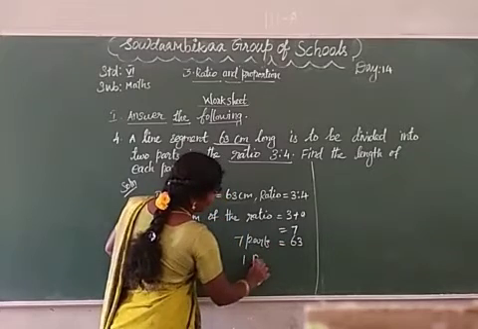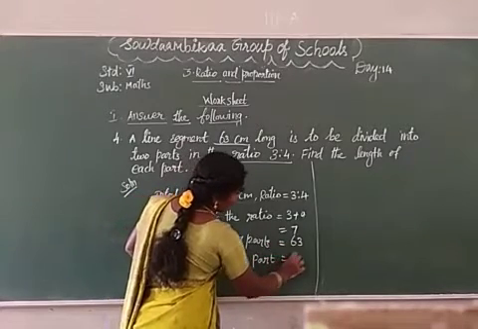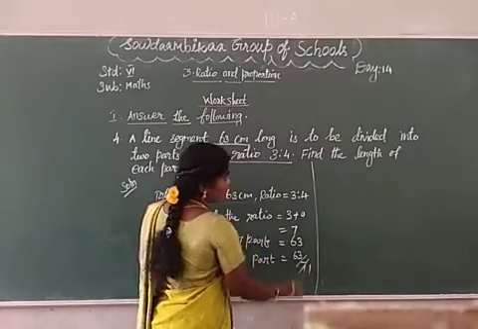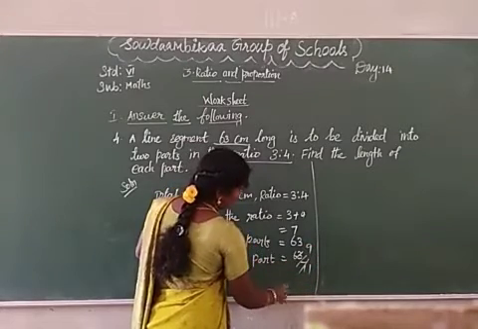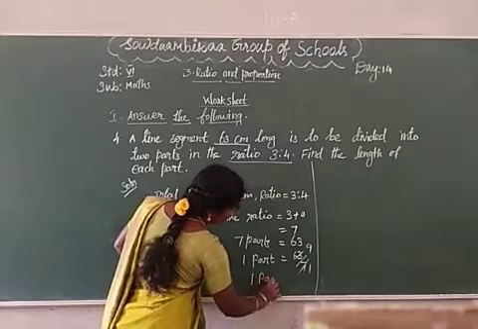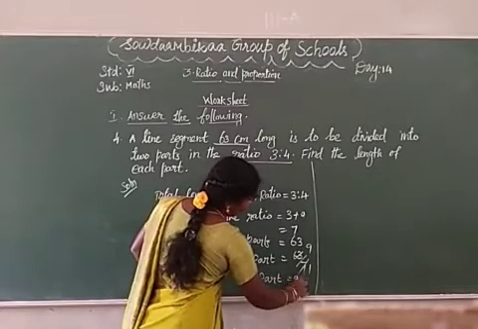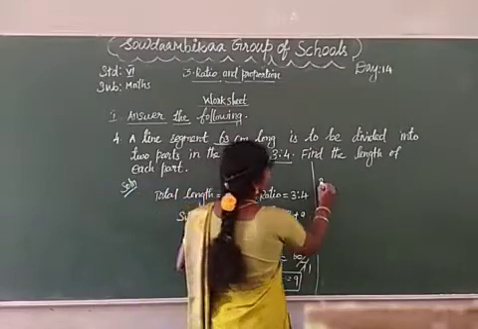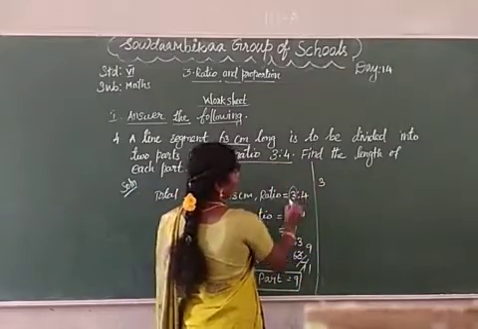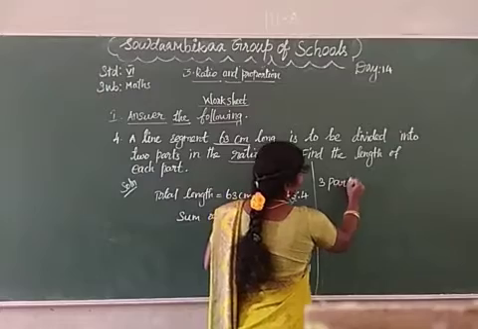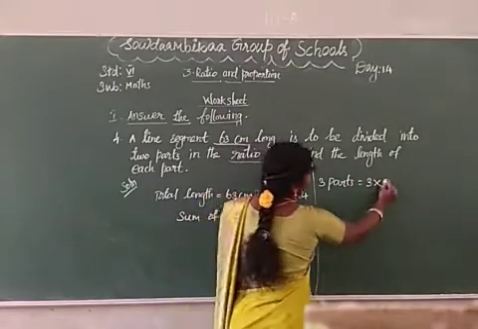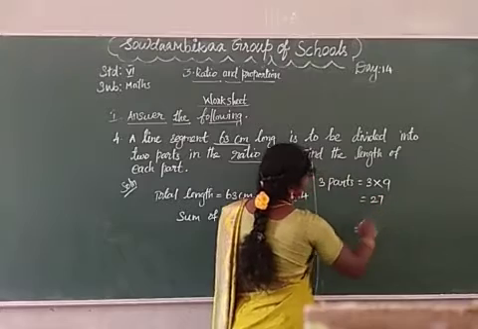Now find the 1 part. 63 divided by 7. So the 7 table, 9 7s are 63. So 1 part is equal to 9. Now find the 3 parts. 3 parts equal to 3 into 9. 9 3s are 27.